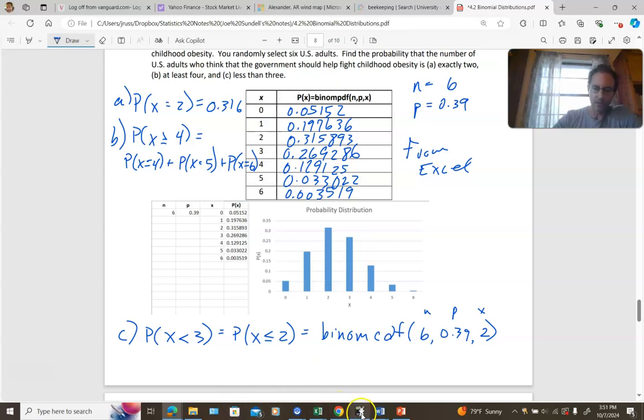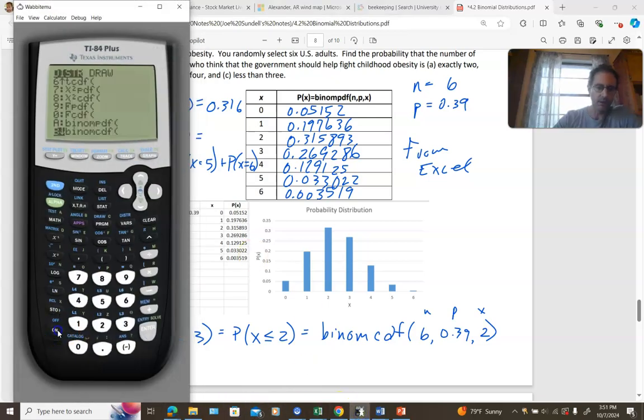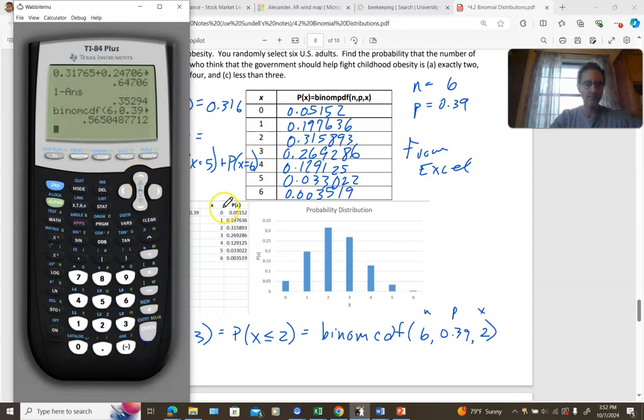All right, so let's utilize this function real quick. I've already got it selected right here. The total number of trials is 6. The probability is 39%, and we want to find the probability that x is less than or equal to 2. I'm going to paste this, and then hit enter.